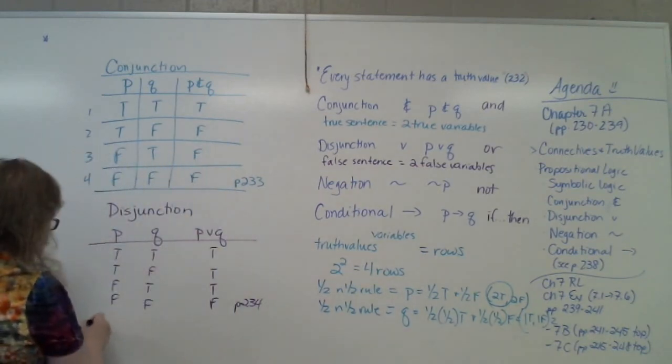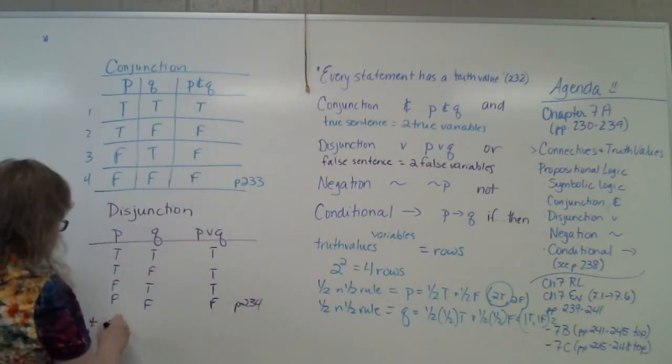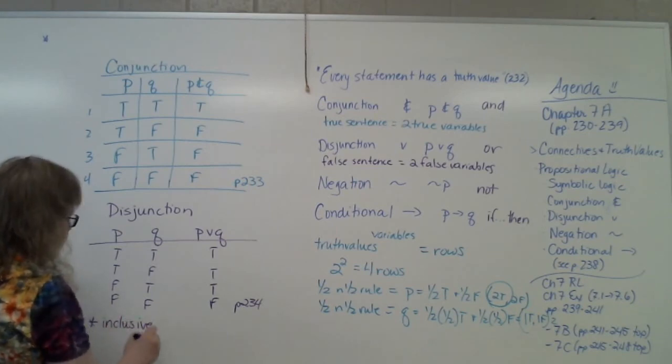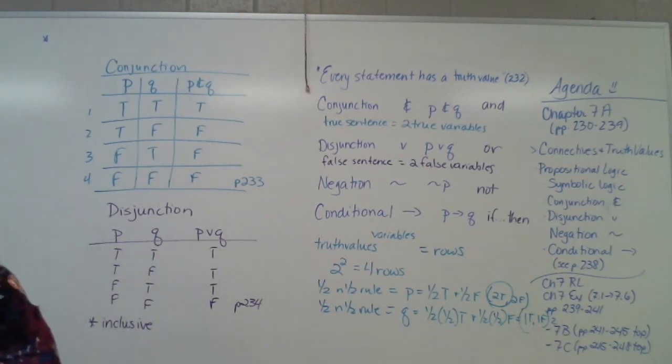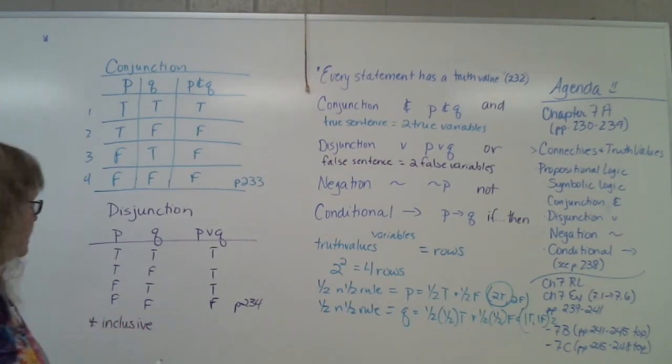Well, we have 2 different kinds of ors in English. We have an inclusive, which is one or the other, so P or Q, or both.